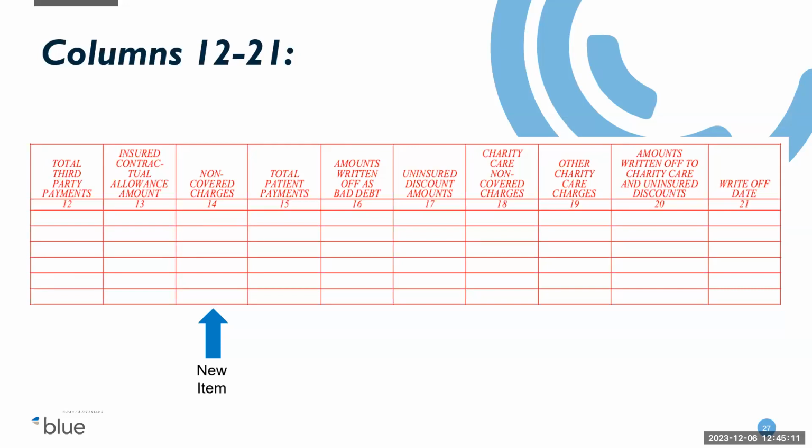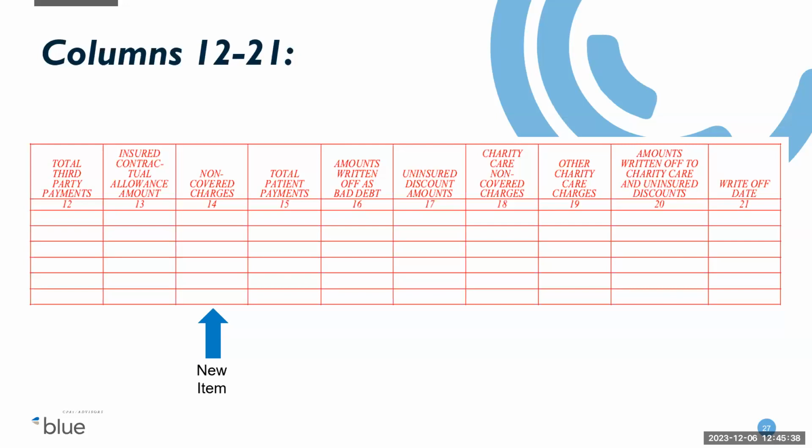So in column 13, they're asking for specifically what are the contractuals? What are the adjustments related to the contractual amounts, those insurance contractual amounts? So the only people that will have an amount in here will be people that do have insurance, and there was that contractual adjustment taken. Everything else, they're grouping into these non-covered charges.